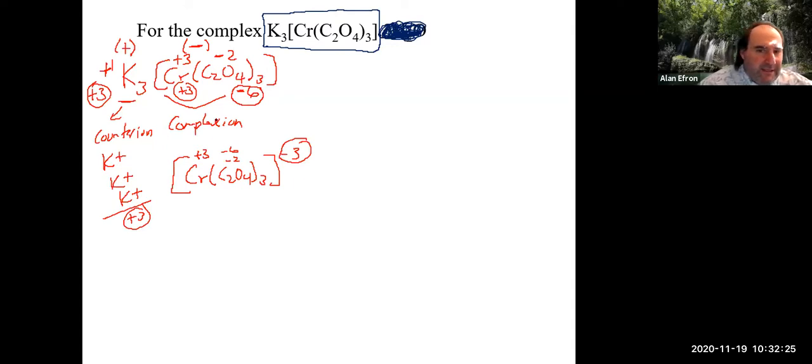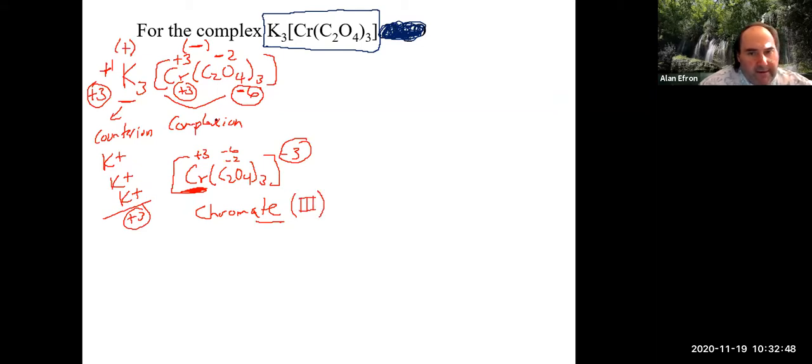That also tells us that because the complex ion part is negative, we need to go with the old school name for chromium, and that's going to be chromate, ATE at the end of it. We also know it will have a Roman numeral of 3, because of the charge on it.